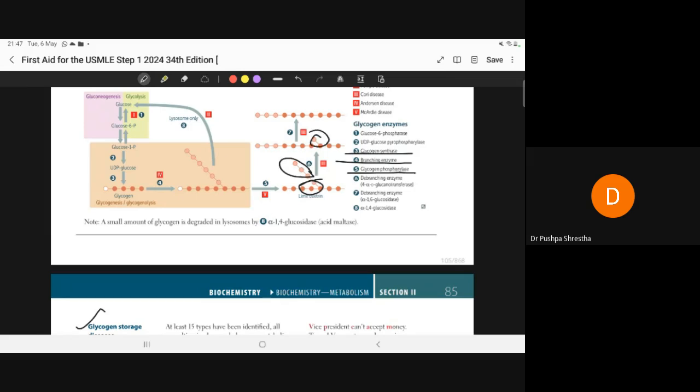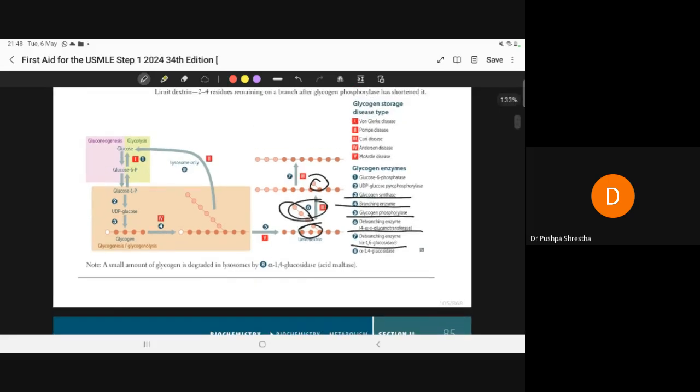Okay, and your last one is then removed by your other debranching enzyme, which is your 1,6 glucosidase, and this you have to keep in mind. Okay, and for this one, the enzyme name is 4 alpha D glucanotransferase. I'll try to make it easy for you so you remember the enzyme names, but for now you can just bear with me. Okay, and in this way you are left with a linear or horizontal chain.